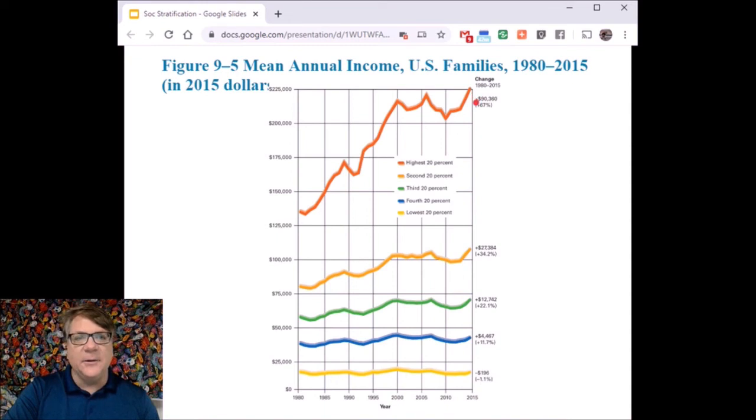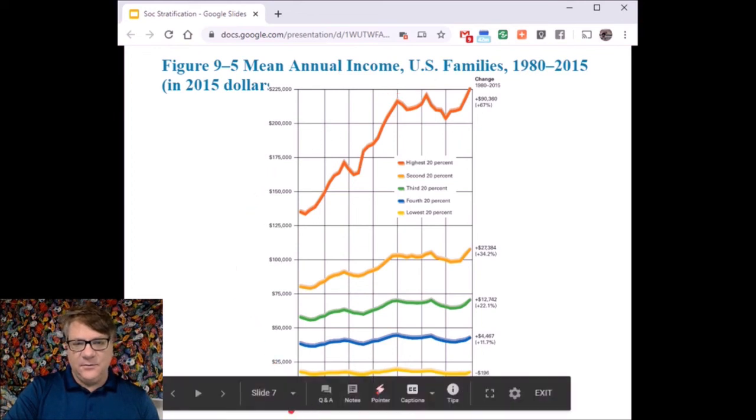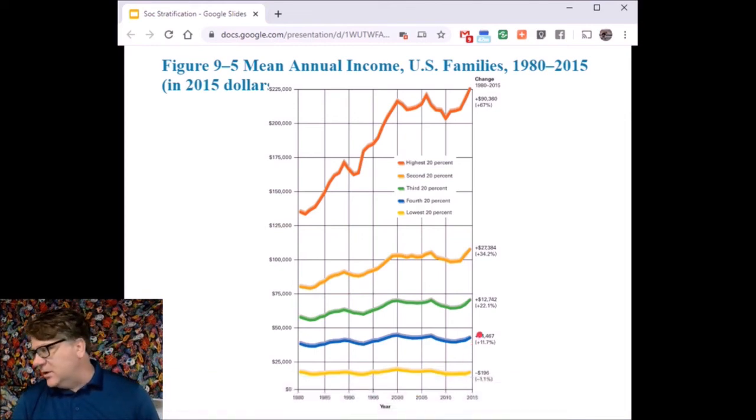What you're looking at now is the change in income of U.S. families from 1980 down here to 2015. Okay. And what you see here, and you might want to look at your chart more closely on page 269. Okay. If you look at the bottom 20%, you can see the change from 1980 to 2015 is negative 1.1%. So average annual income over that 35-year time period.